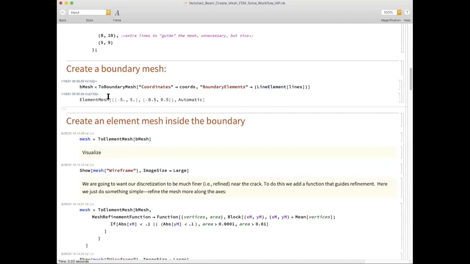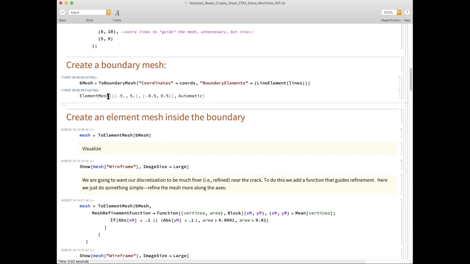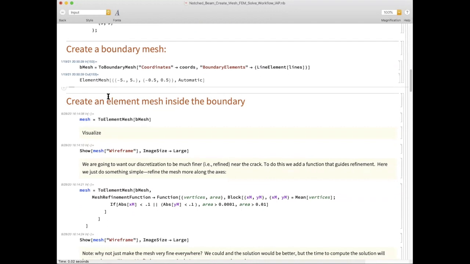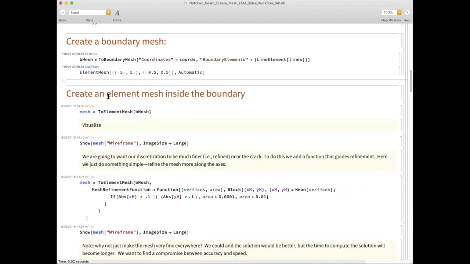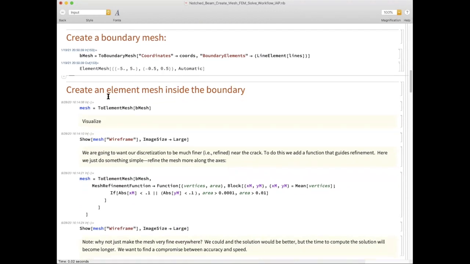And an element mesh is a numerical grid, loosely speaking. It's a numerical grid on which I can solve finite difference problems or numerical equations. I'm going to show you kind of a very simple example here. It is, in fact, very powerful. You can solve kind of nonlinear fluid flow problems.